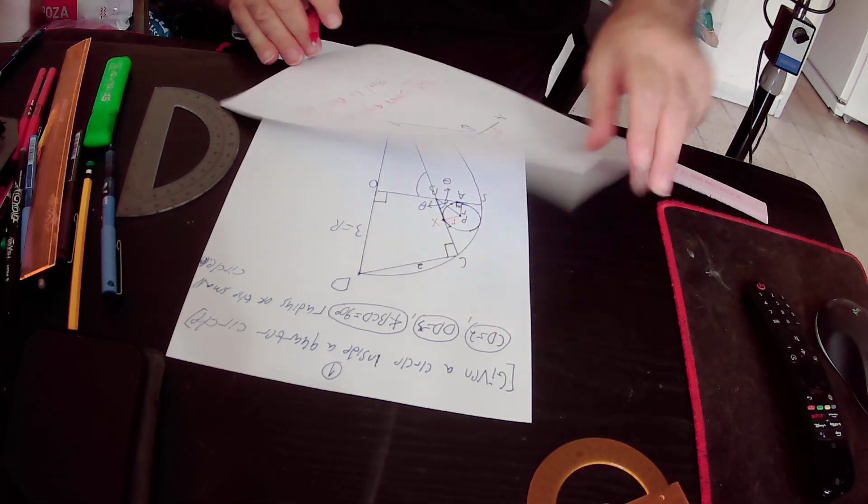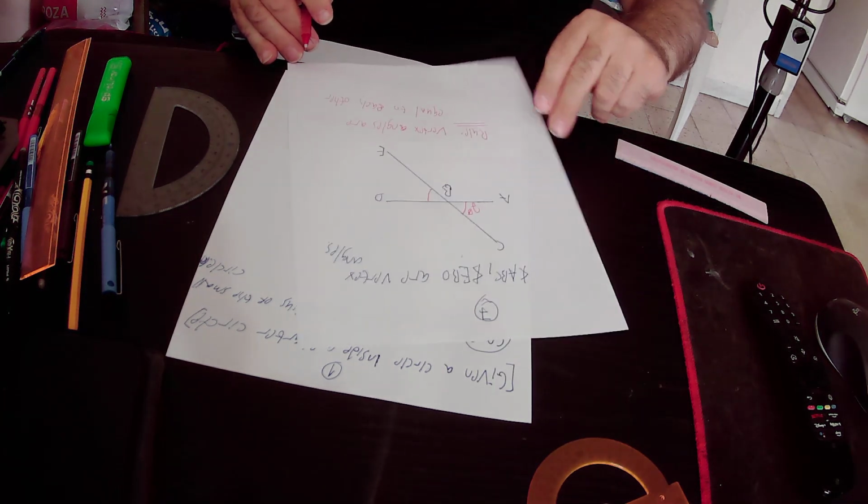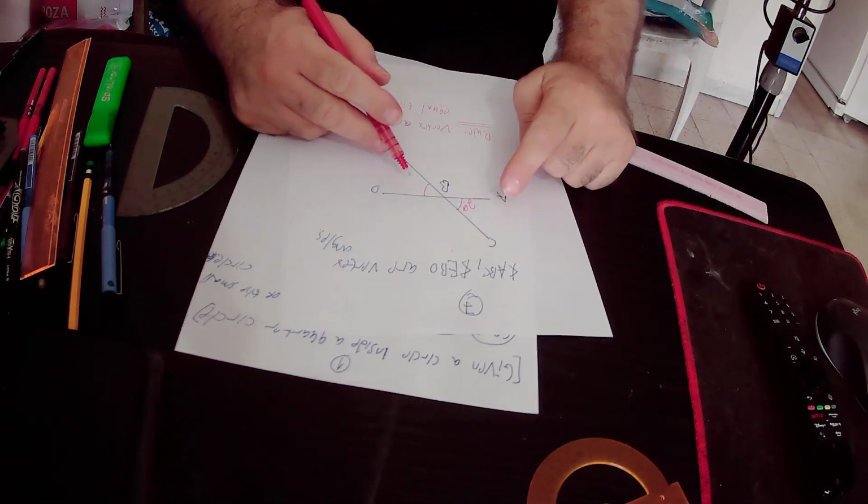Therefore, according to this rule, those two vertex angles are equal to each other.